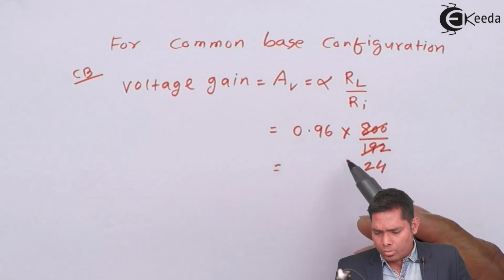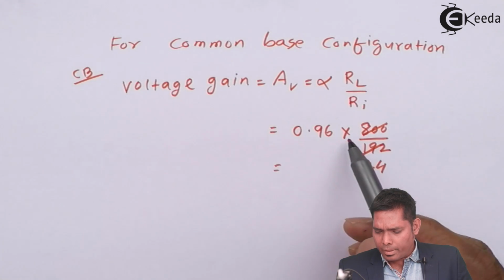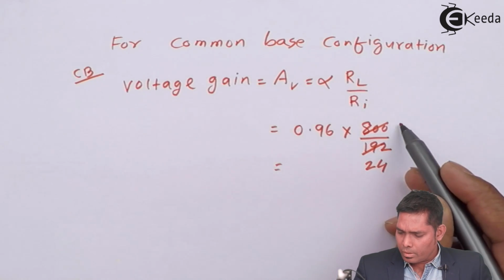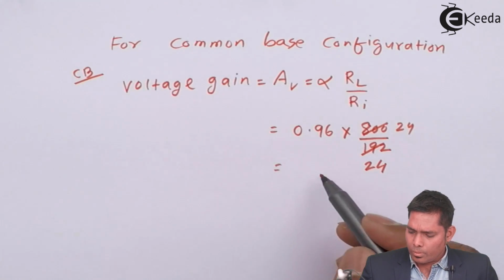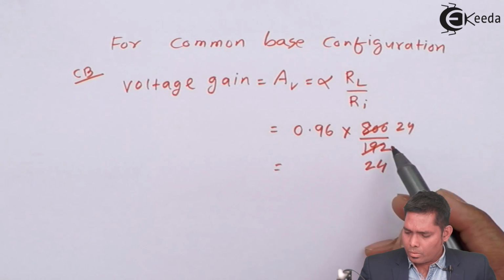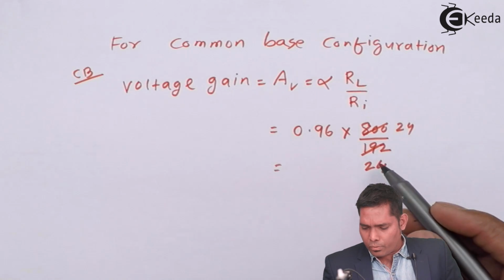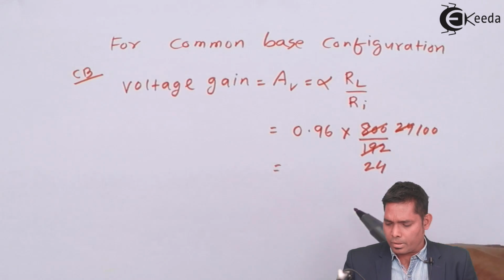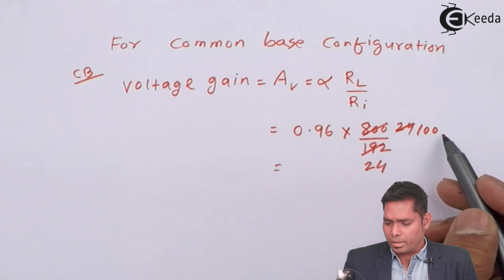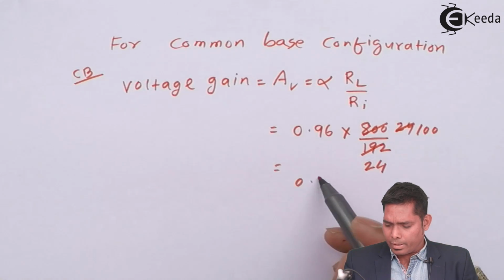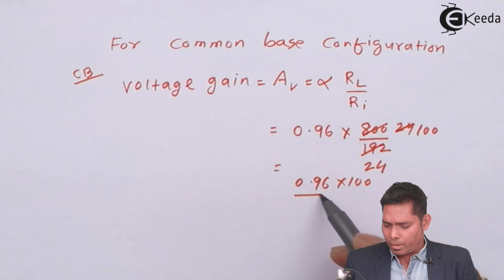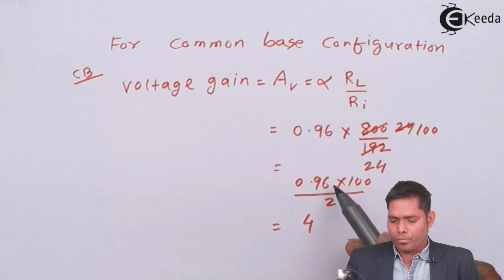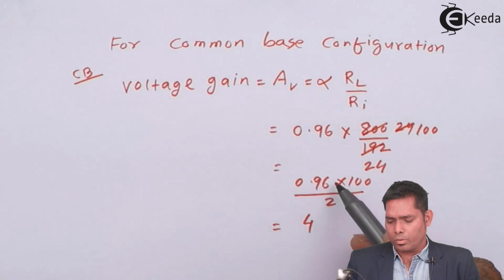So this is 0.96 into 100 divided by 24, which is 4, because 0.96 divided by 24 is 0.04, and 0.04 into 100 is 4.